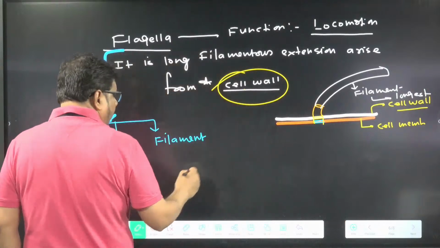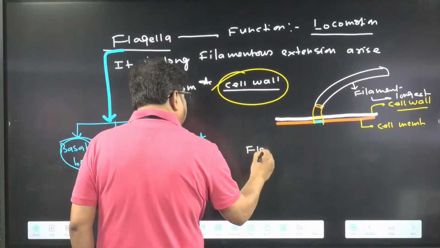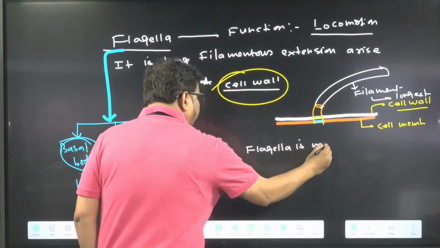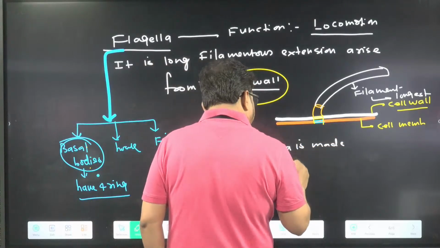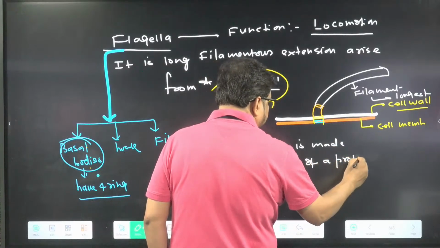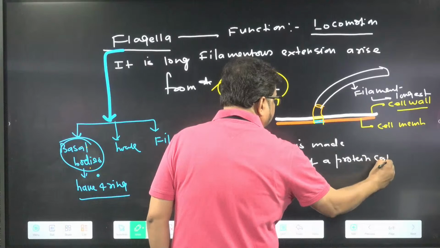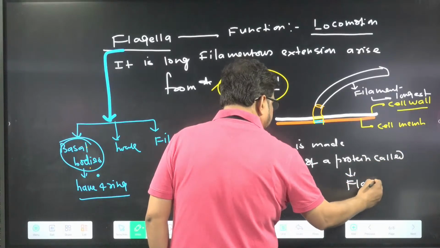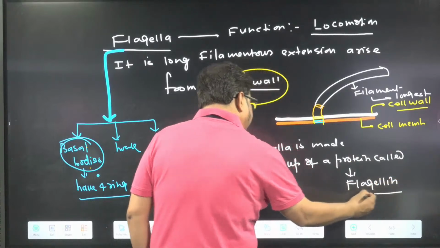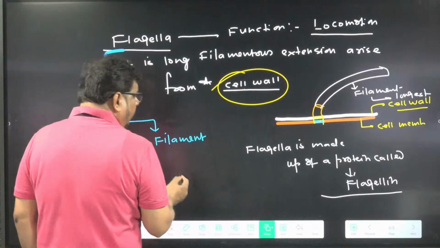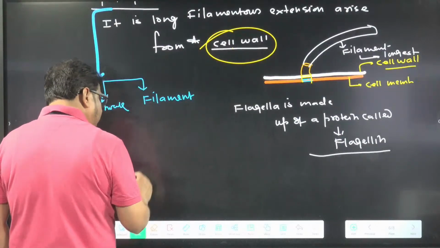And if you talk about flagella, flagella is made up of a protein called flagellin. So flagella is made up of which protein? Flagellin protein. So you don't confuse.